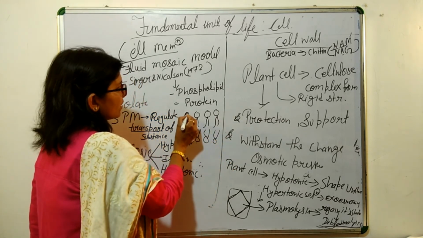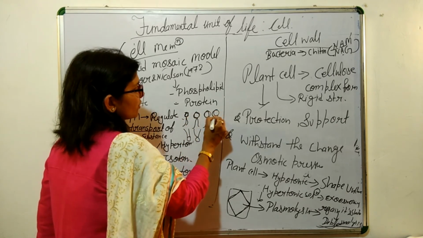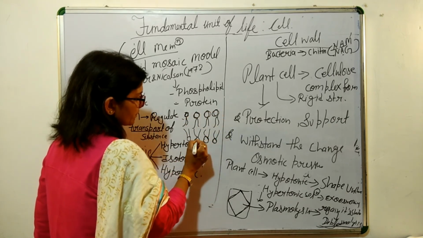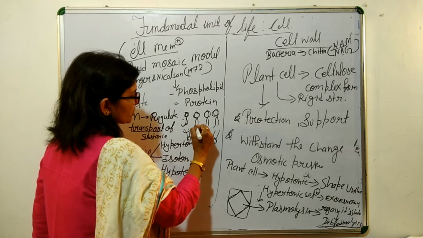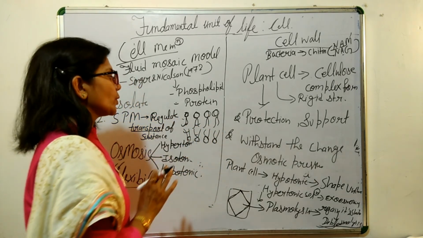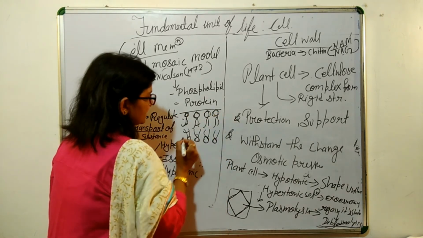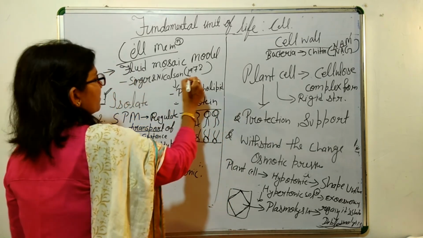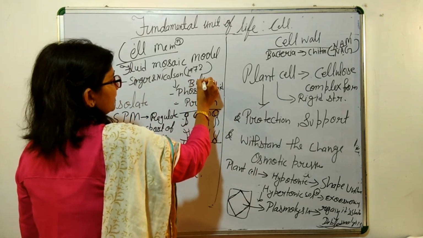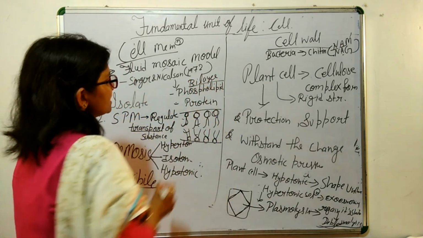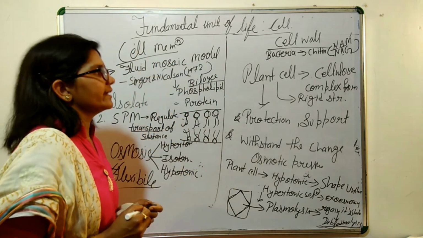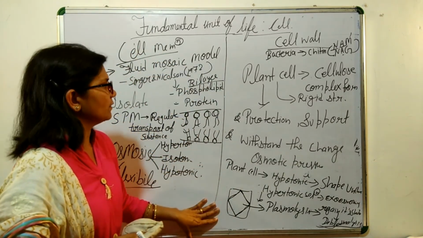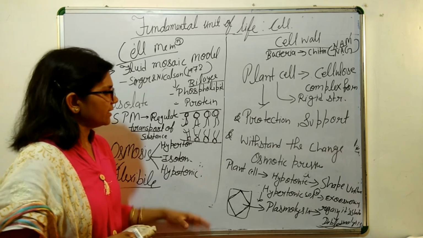These dot-like or circular structures are the phospholipids, and this structure is protein. As these are double layered, it is a bilayer. More about this we will explore in our next class of 11th standard.